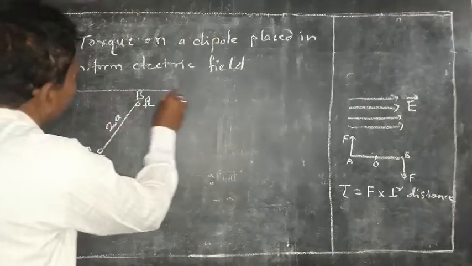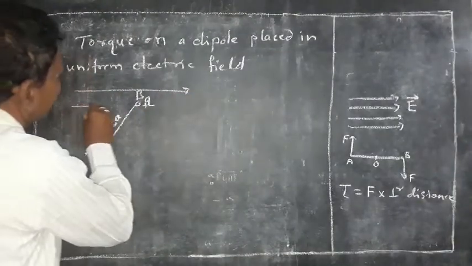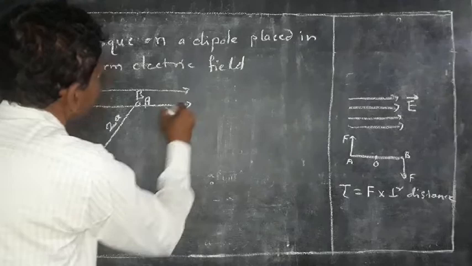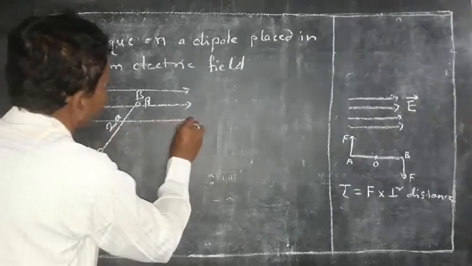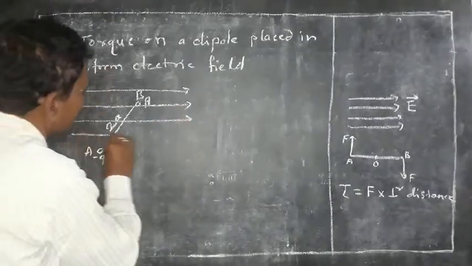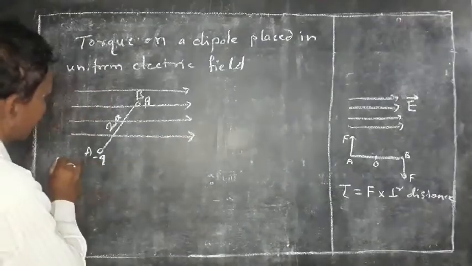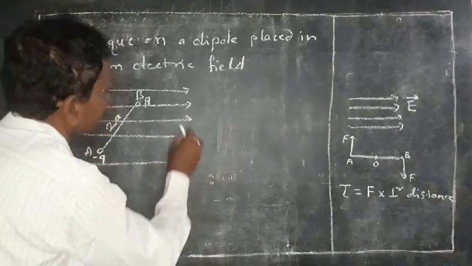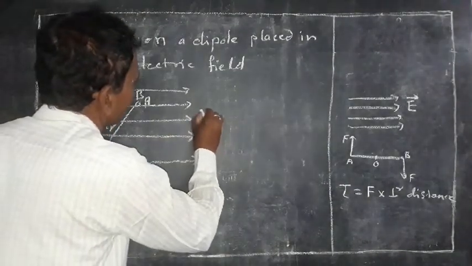A uniform electric field is represented by directed line segments that are parallel to each other. This is the uniform electric field.